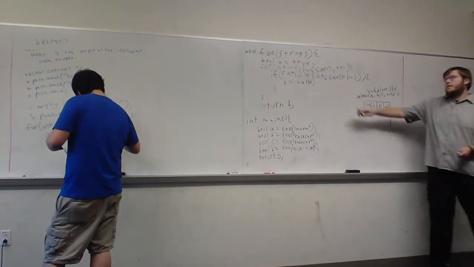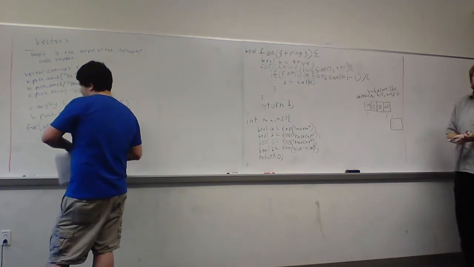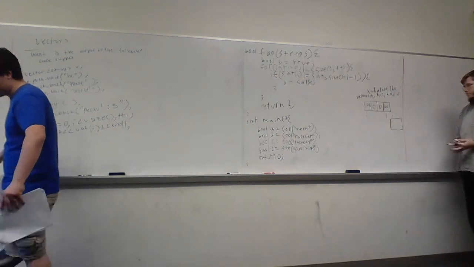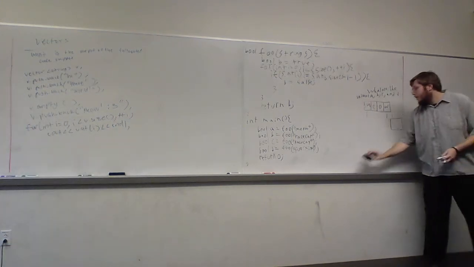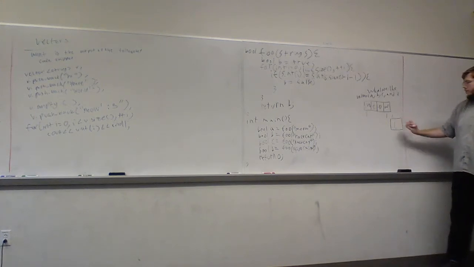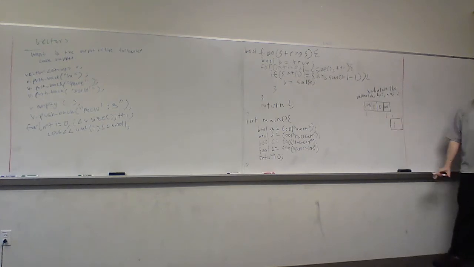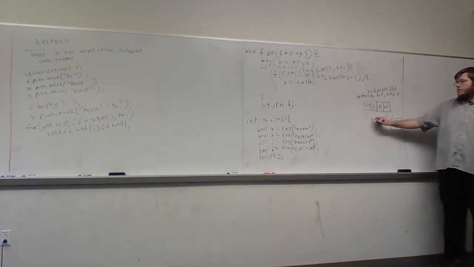So what does it do next? What's the next iteration then? Yeah. So now I is equal to 1. What two characters is it looking at now? E and O, right.